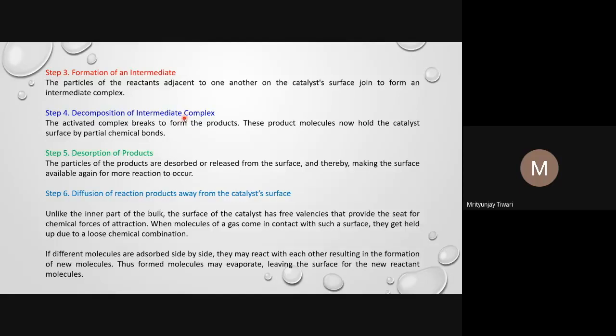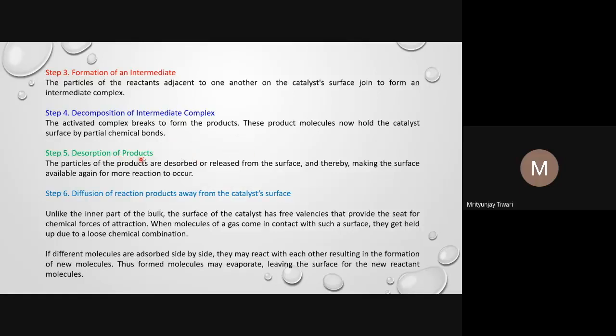The decomposition of the intermediate complex means the activated complex breaks to form the products, and these product molecules initially hold onto the catalyst surface by partial chemical bonds. So this intermediate complex will now break into the products, and these products will be held at the surface of the catalyst.